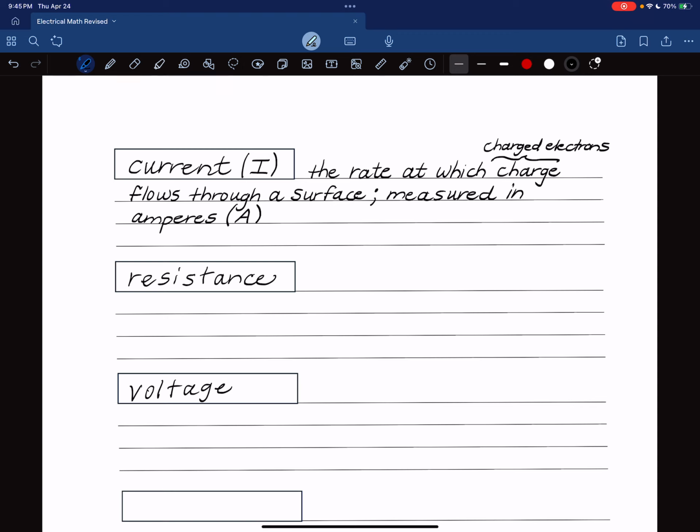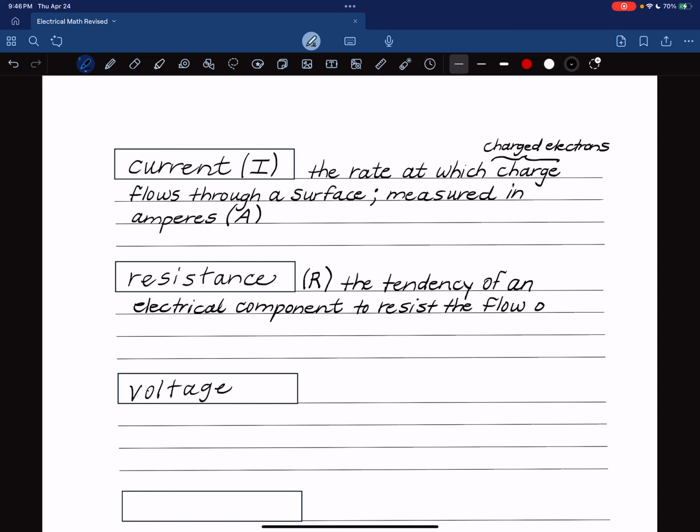And then we have resistance next. The symbol is capital R. Resistance is the tendency of an electrical component to resist the flow of electric current.